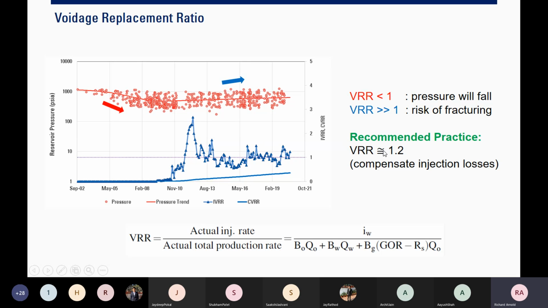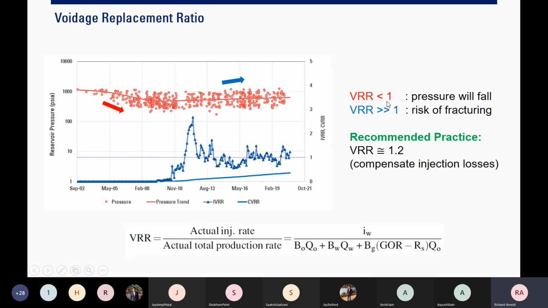It means that the injection and the production are balanced. But to compensate for injection losses, we can inject more water to achieve VRR equal to 1.2. If your VRR is below 1, it means that your pressure will fall, okay? Because you produce more than what you inject.